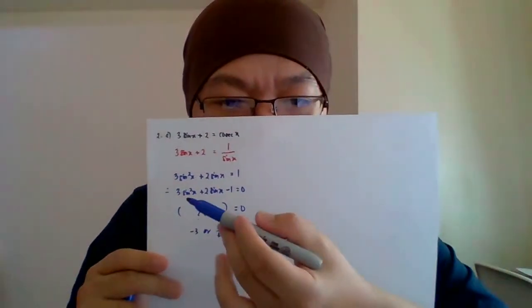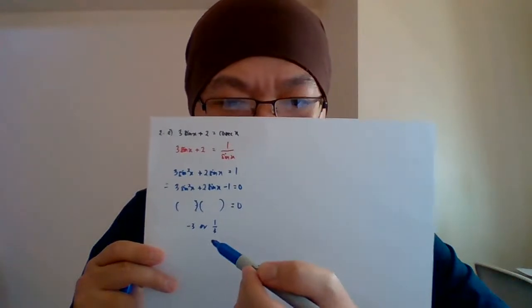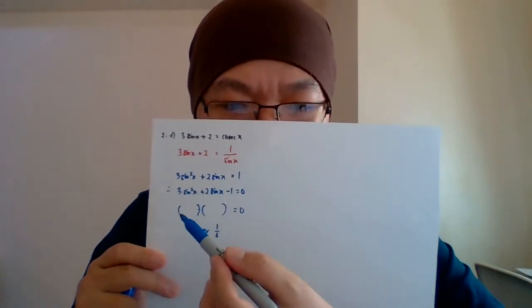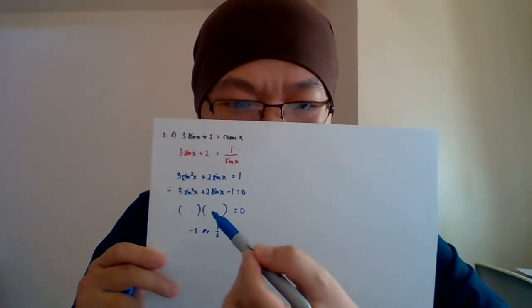Okay guys, when we substitute into the calculator, this came out. Now, back to this part. There are 2 factors here. So what is the number that we need to put into this bracket? Please be careful, I'm using the second way. In the second way, we do not let x equal something. We straight away factorize it. So inside the bracket, the first one is sine x plus 3, and 3 sine x minus 1.